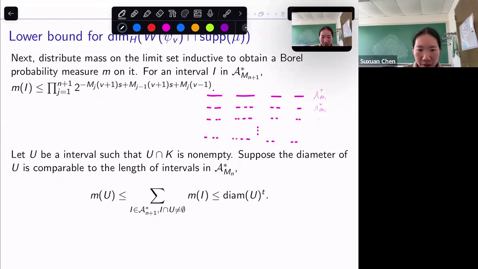the intervals in A sub, okay, I'm very sorry for the typo, A_Mn+1.